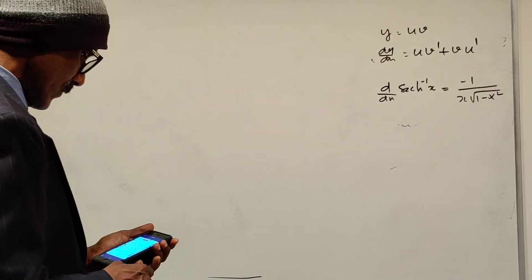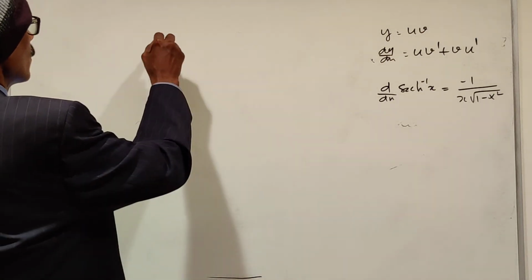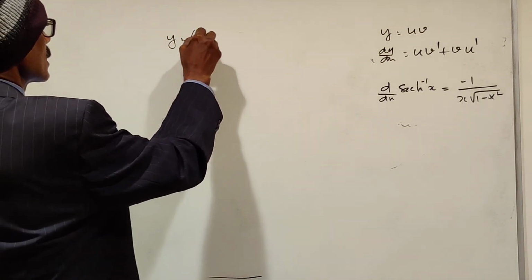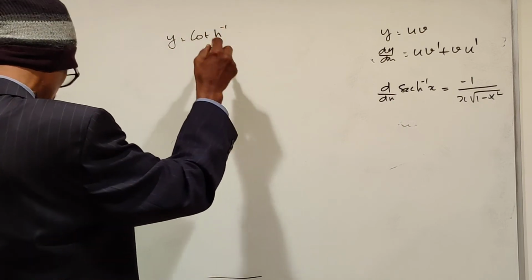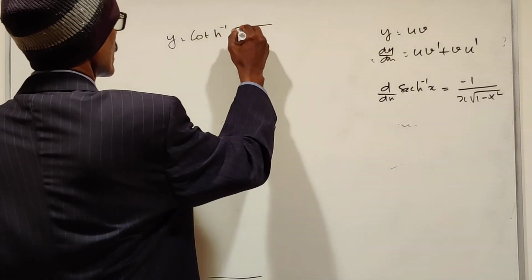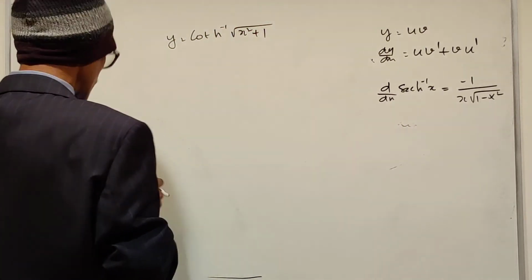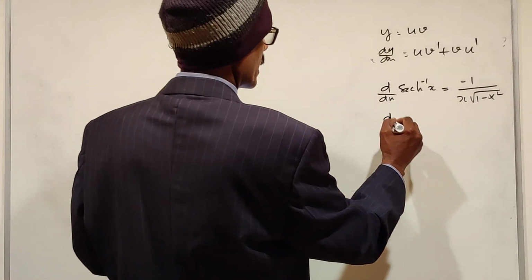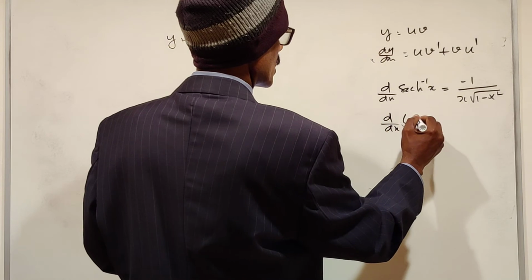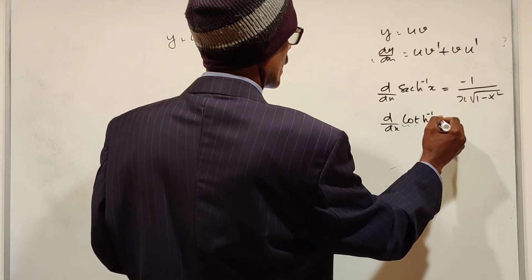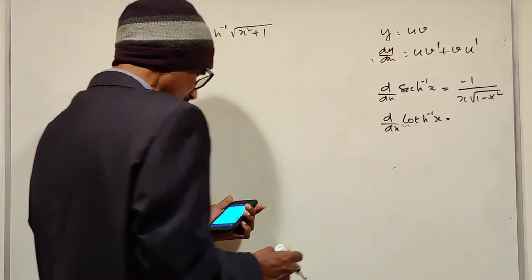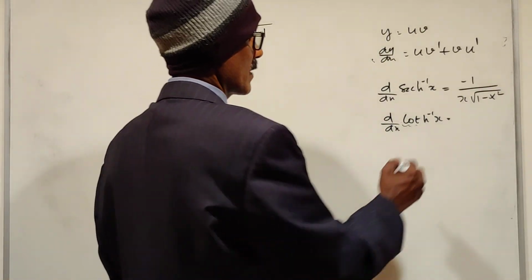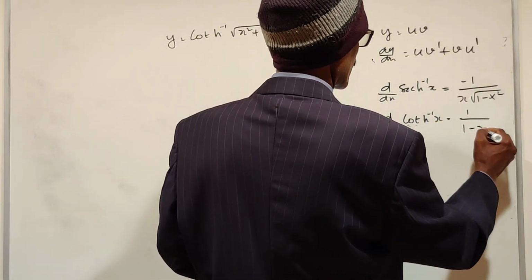Next one, last one. y is equal to coth inverse of square root of x square plus 1. Okay, what is d by dx of coth inverse x? Coth inverse and tanh inverse, the formulas are the same: 1 by 1 minus x square.